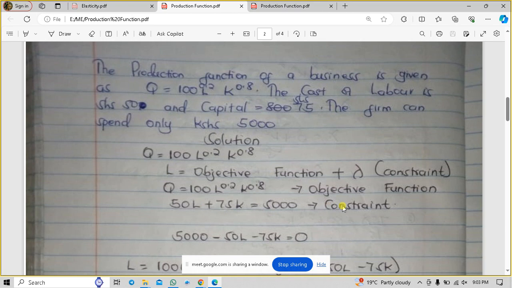Very good. So that is the objective function and that is the constraint. Very correct.